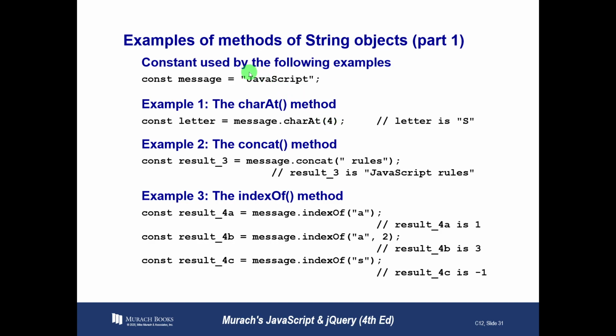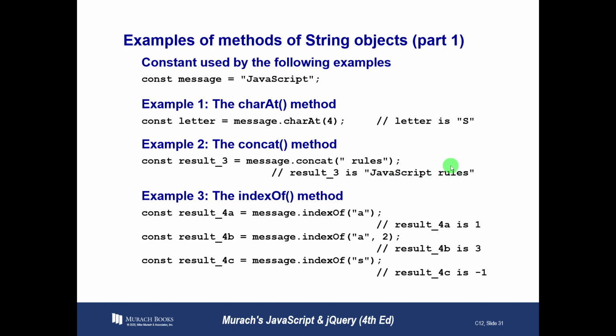Remember I said earlier it's zero numbered, so the J is 0, A is 1, 2, 3, 4 is the capital S. So character at 4 technically returns the 5th character, which is the capital S. We can say message.concat, and we're concatenating on a space followed by the word rules. It's going to take my current message, which was JavaScript, concatenate on a space followed by the word rules, and the result will be JavaScript rules.